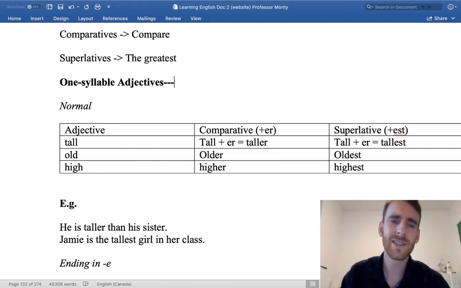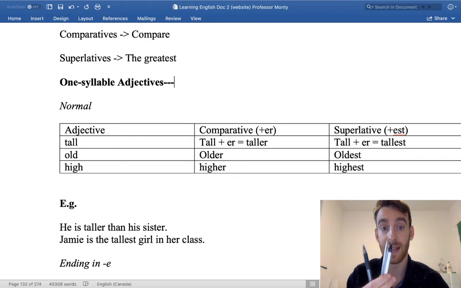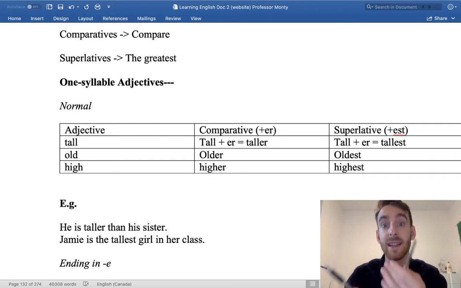Now, let's talk about comparatives and superlatives. I want you to understand the basic thing, okay? So let's say I have these pens here, and I want to compare them, okay? Let's start with these two. Let's say I like this pen because it's nice and light, okay?